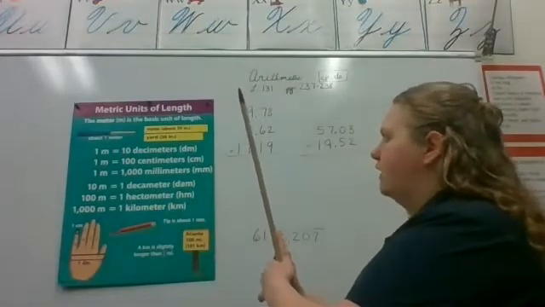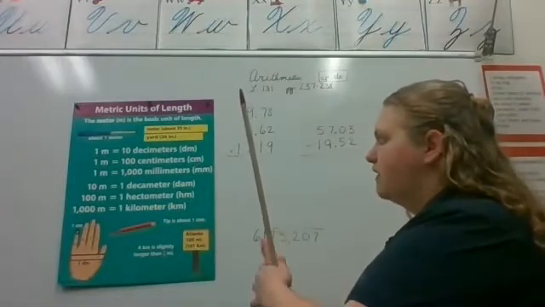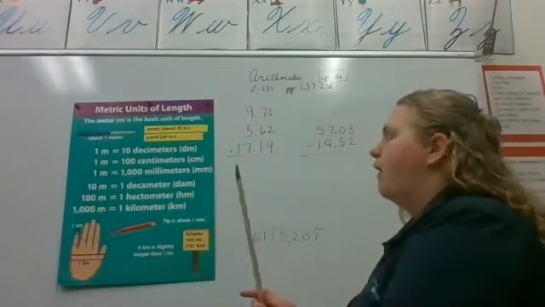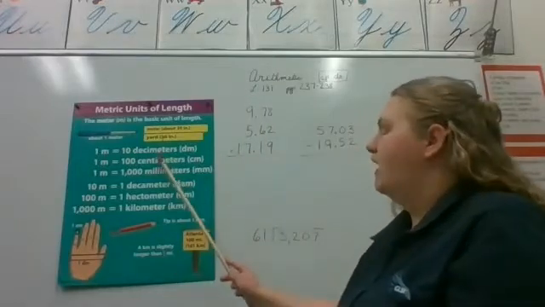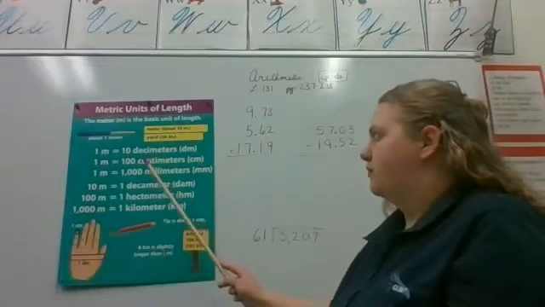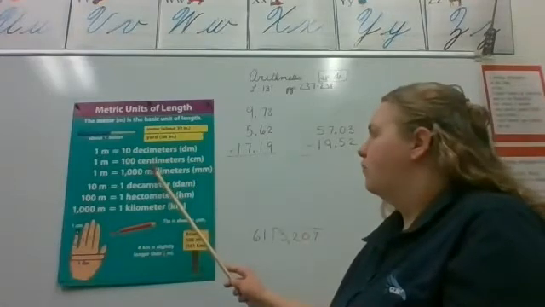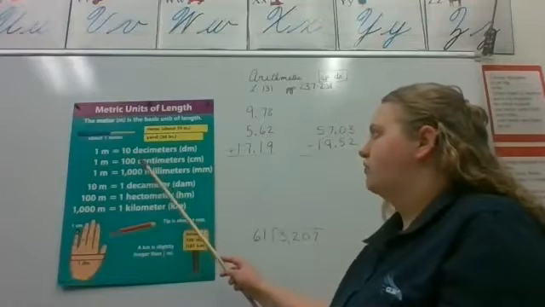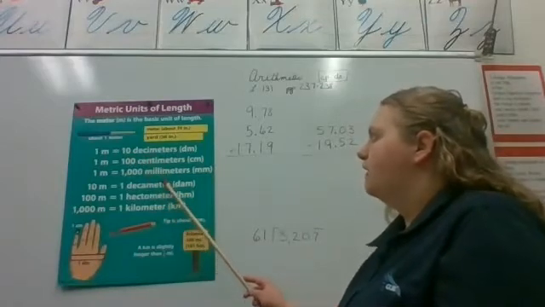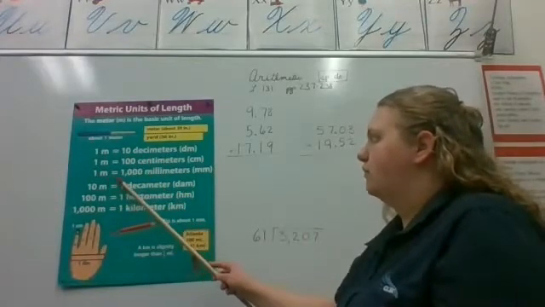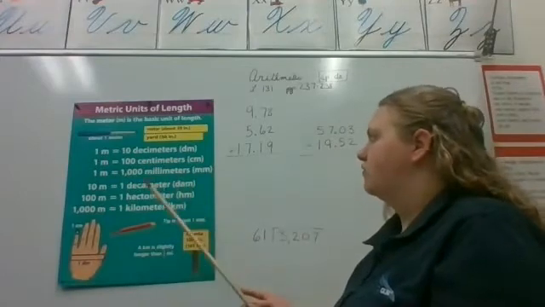And so then you've got your decimeters and then centimeters, so they go up by multiples of 10. So 10 is 10 decimeters, and then 100 would be the centimeters. Centi means 100, deci means 10, milli means 1,000. So 1 meter is equal to 1,000 millimeters.